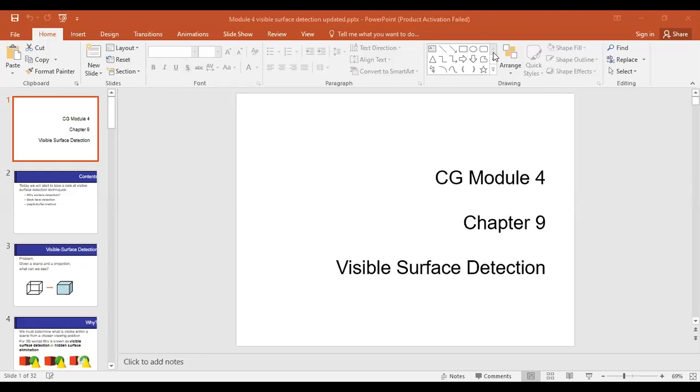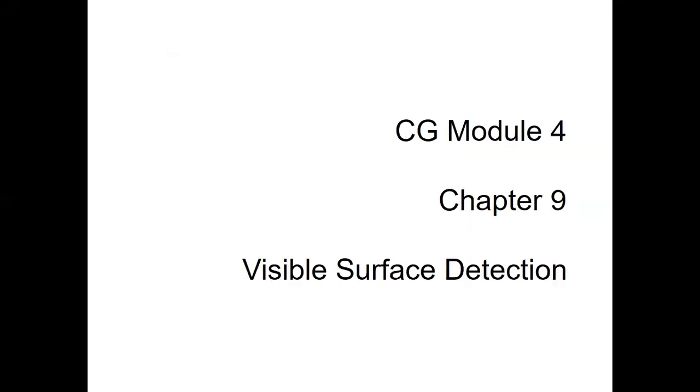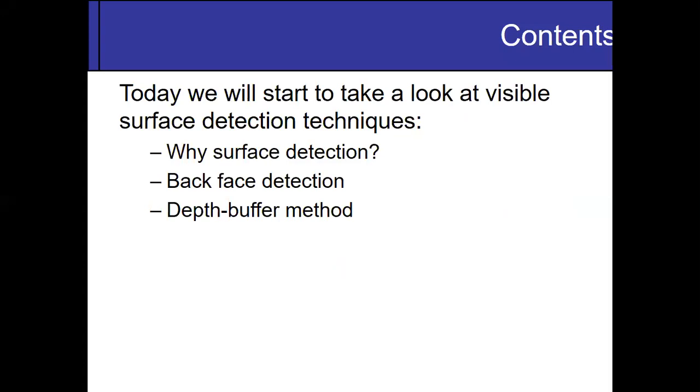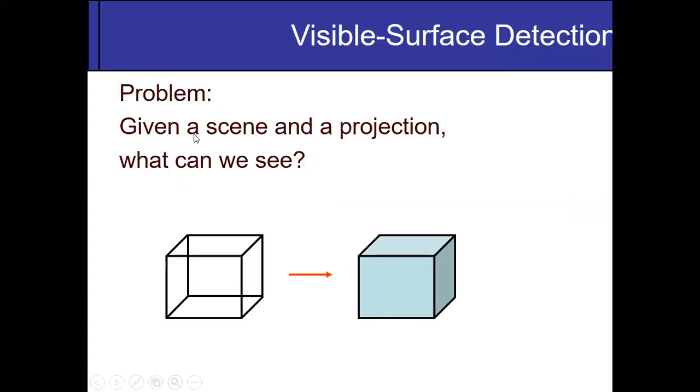Now, what is this visible surface detection? I'll make you understand in this way. Given a scene where there is a 3D cube, what exactly will you see here?